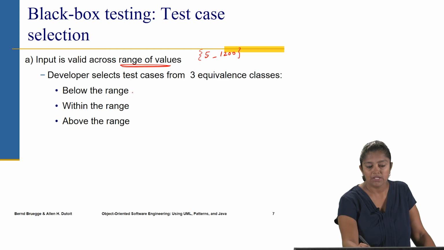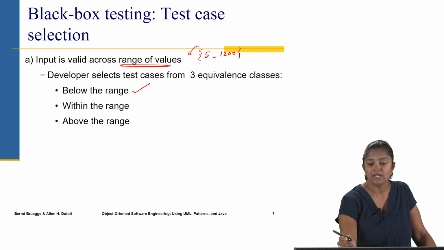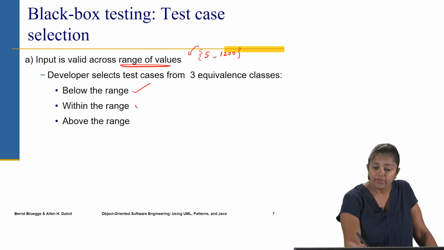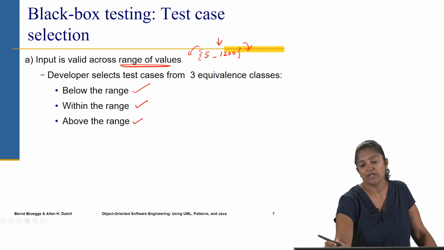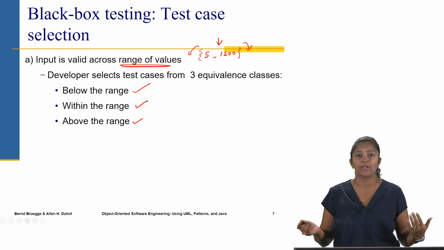The first class is below the range, so you choose a value that's less than 5. Then within the range, so one value from between 5 and 1200, including 5 and 1200. And then the third one is above the range, so a value above 1200.